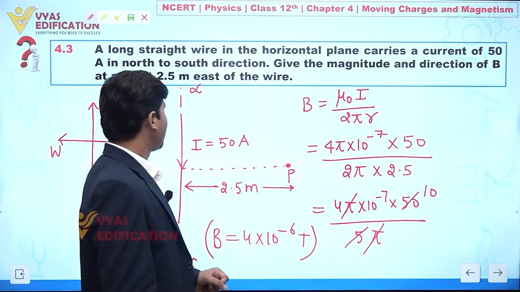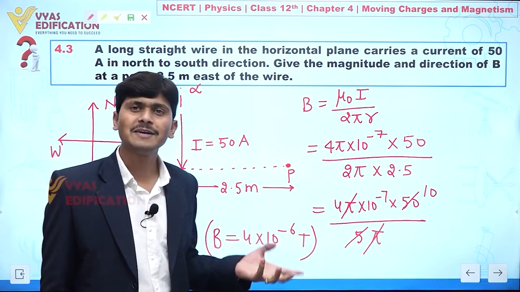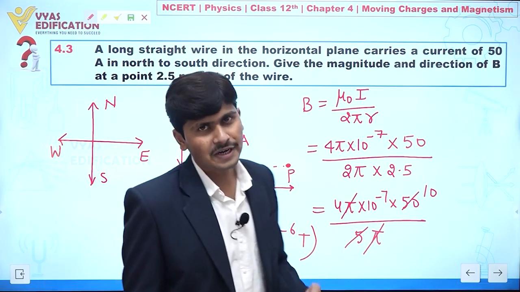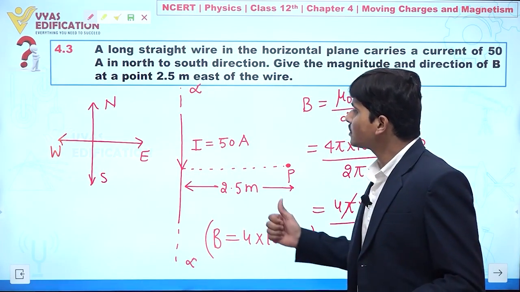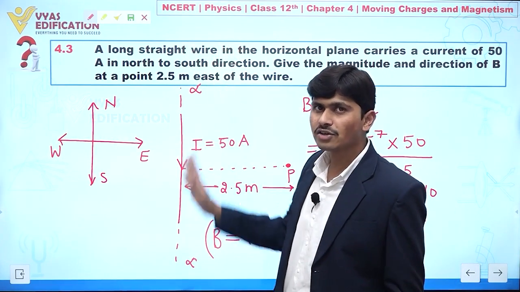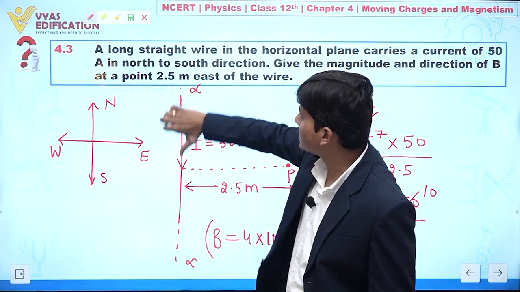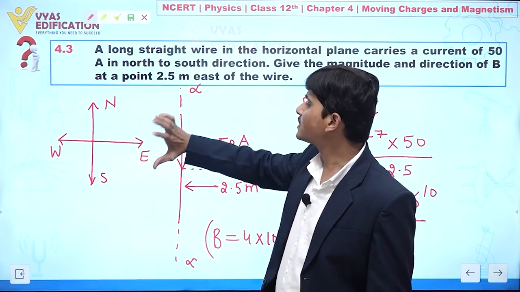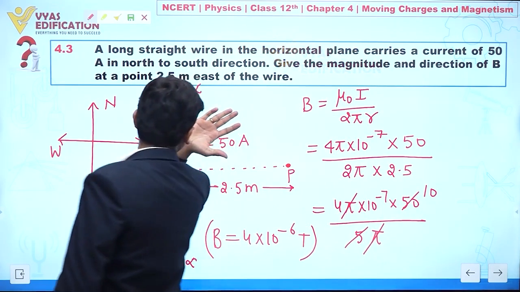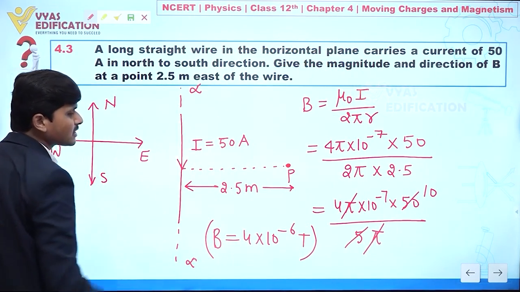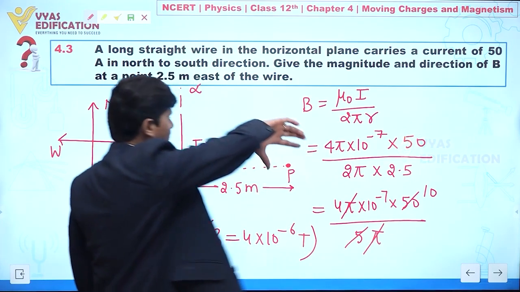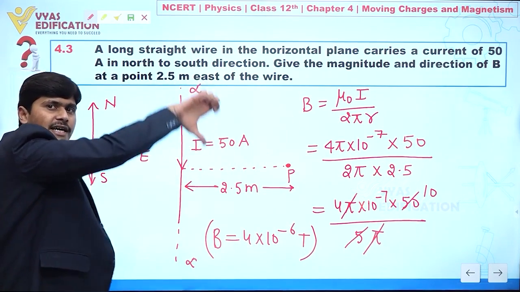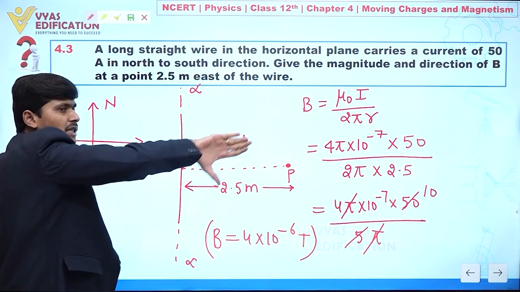Now the important part: how can we find the direction of the magnetic field? Because this is a long straight wire, let's suppose this thumb indicates the direction of the electric current. I place my hand like this. This downward thumb indicates the direction of the current.